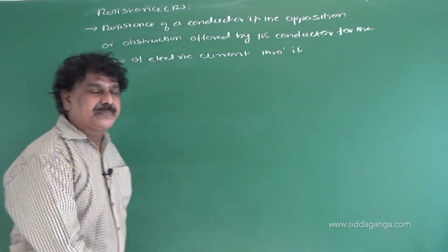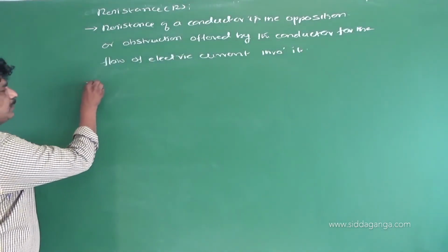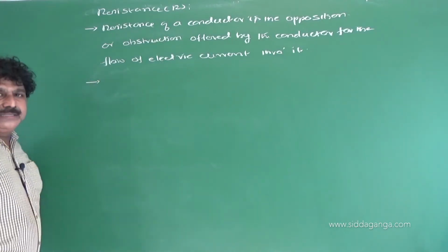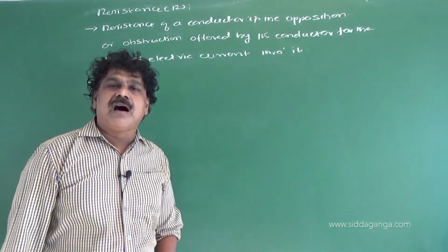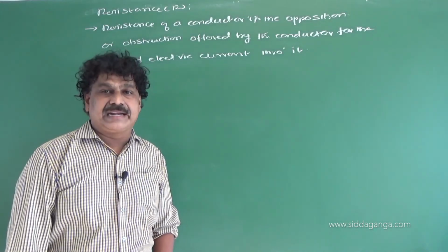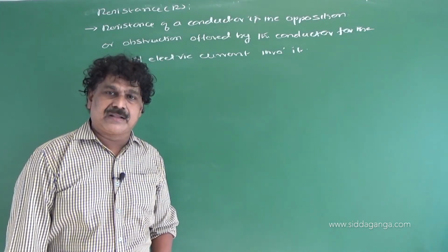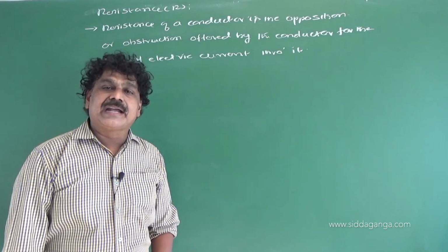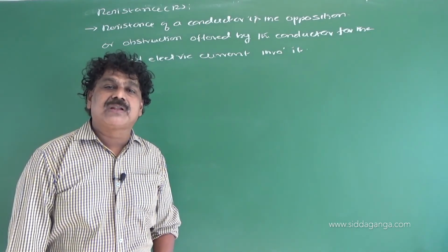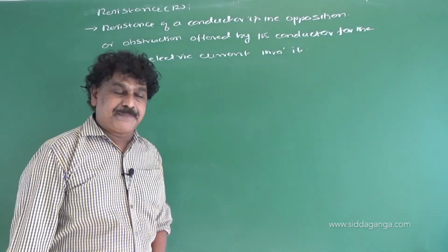through it. Now, what is the cause or reason for electric resistance of a conductor, or why does a conductor offer opposition for the flow of electric current?